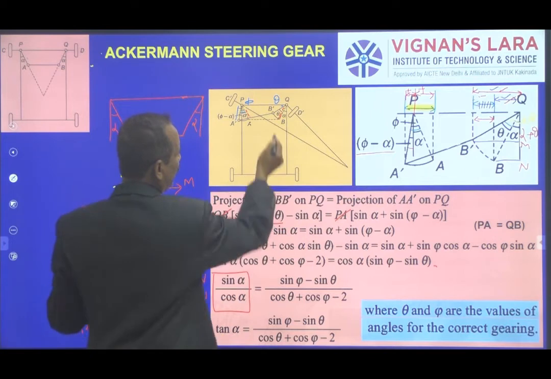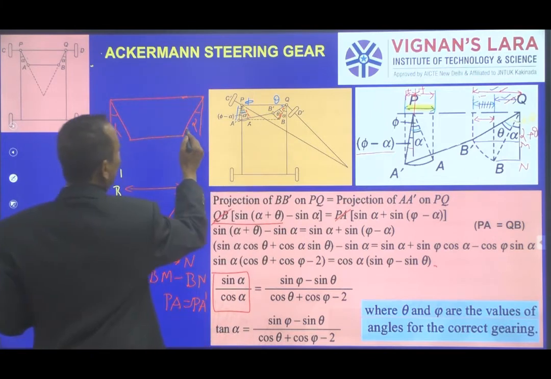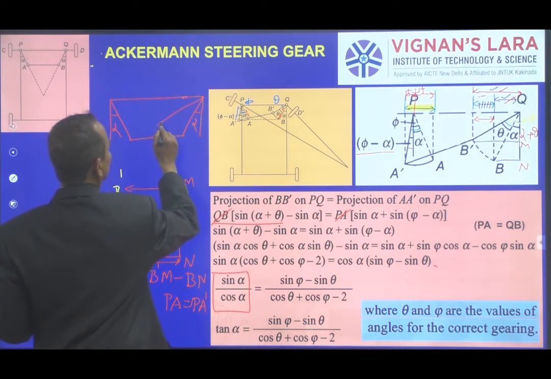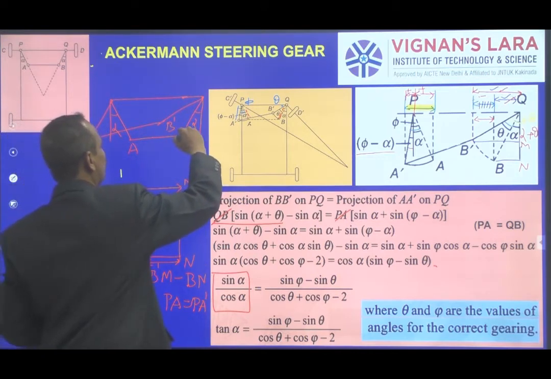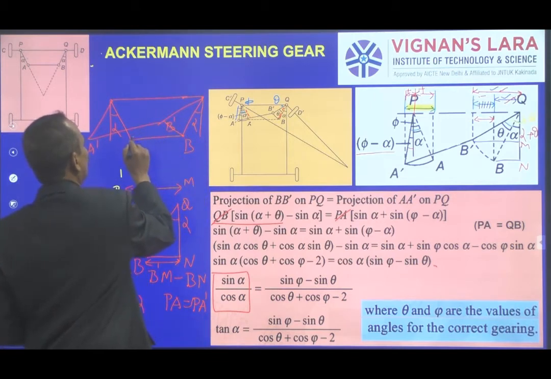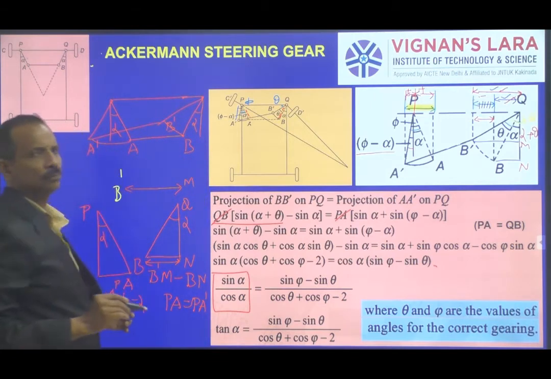When you take a right turn, it goes to the other position, this and this. Then you can see the shifting has taken place from B to B dash and A to A dash.